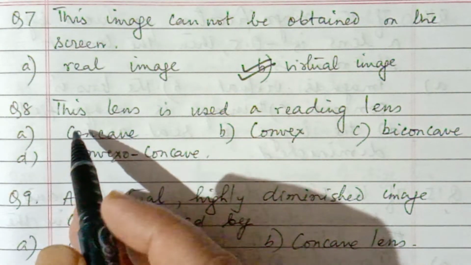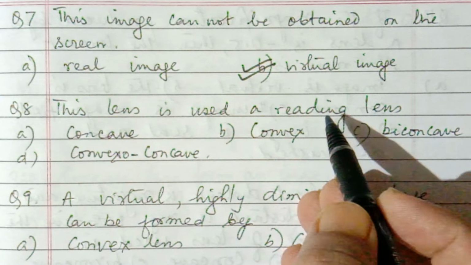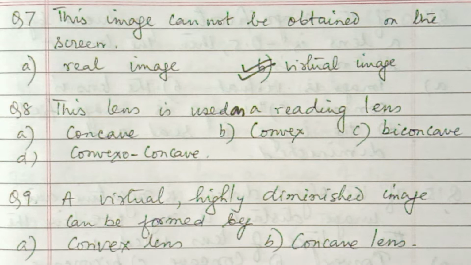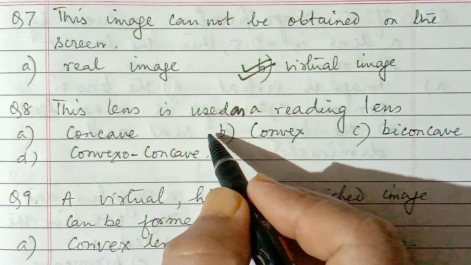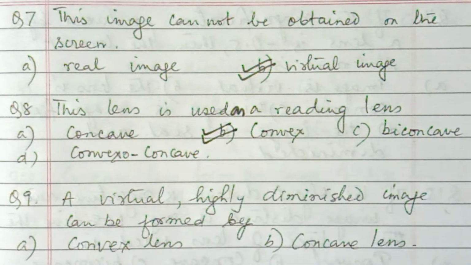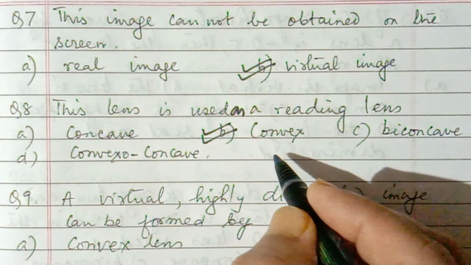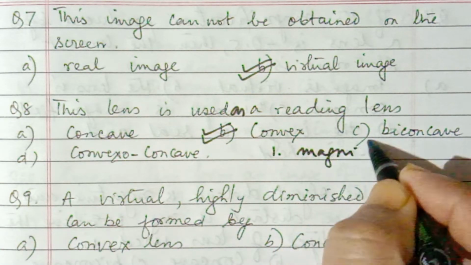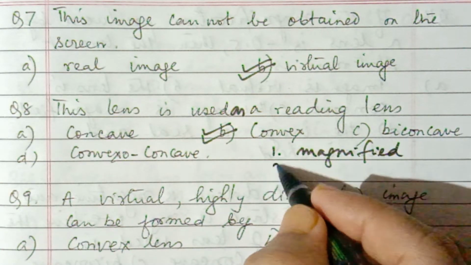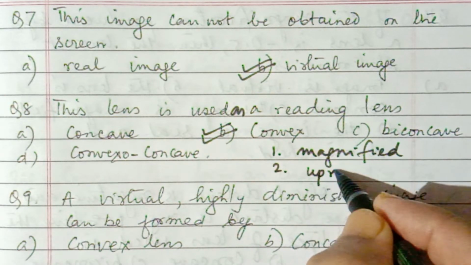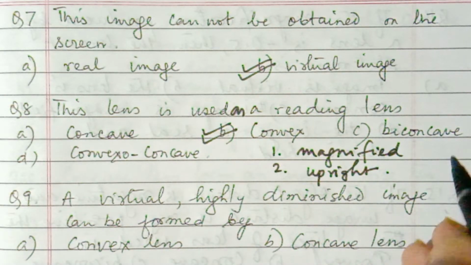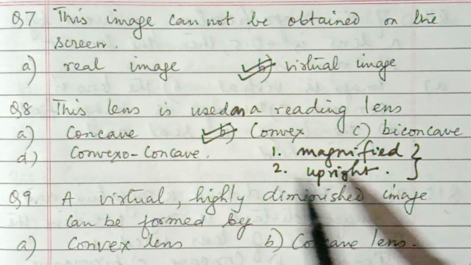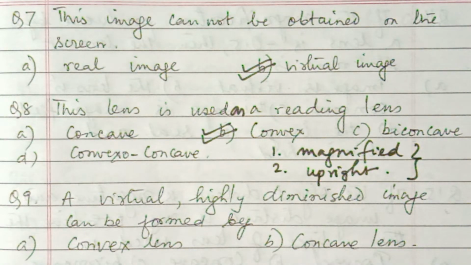Next question. This lens is used as a reading lens. So which lens? Convex lens. Okay, convex lens is used as reading lens. Why? It forms magnified and upright images. So these two characteristics of the images help the convex lens to be used as reading glass.